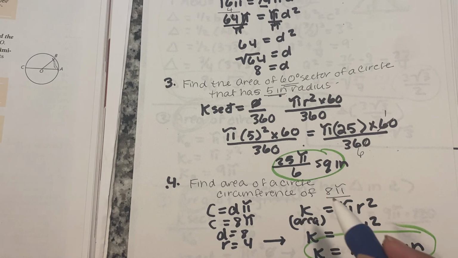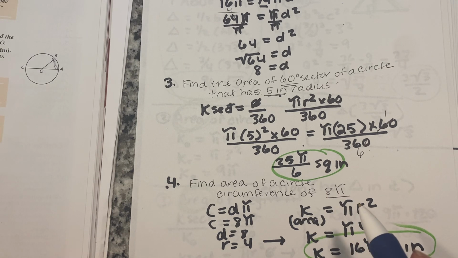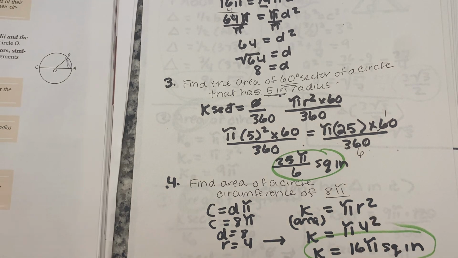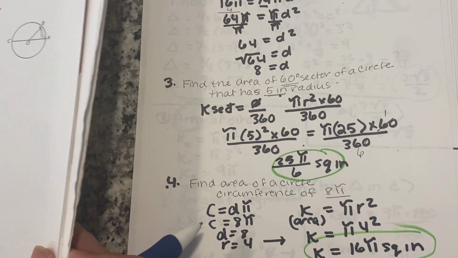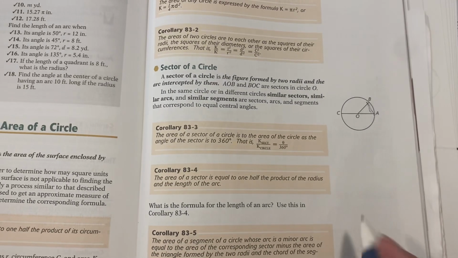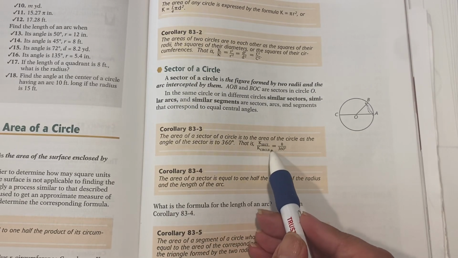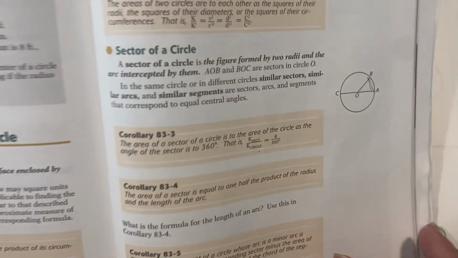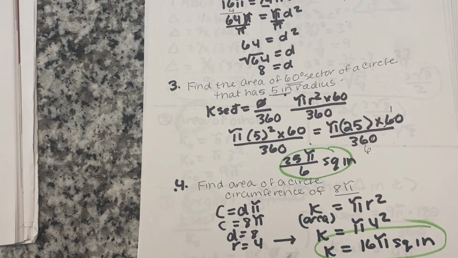It's the area of a 60-degree sector of a circle that has a 5-inch radius. So remember we went here? This here, K sector divided by the circle, which is 360 degrees.